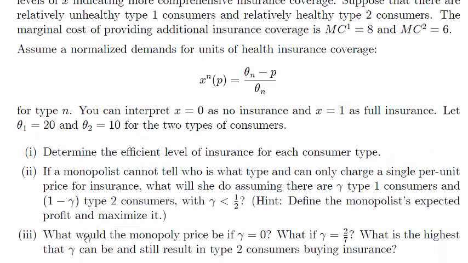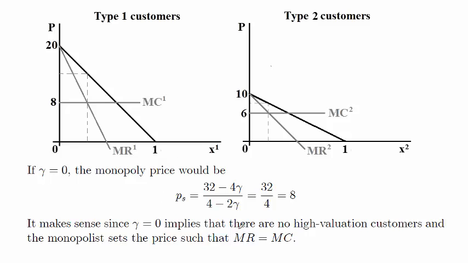Now, part 3 is a logical continuation of part 2. What would the monopoly price be if gamma were equal to 0? We just discussed it. And what if gamma is equal to 2 over 7? Let's just use the formula, the profit maximizing price.